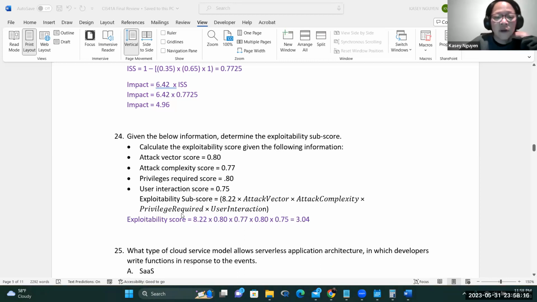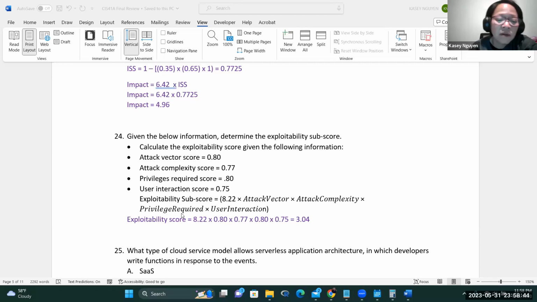For 24, given the below information, determine the exploitability subscore. Calculate the exploitability subscore given attack vector score is 0.8. Attack complexity score is 0.77. The privileges required score is 0.80. User interaction score is 0.75.